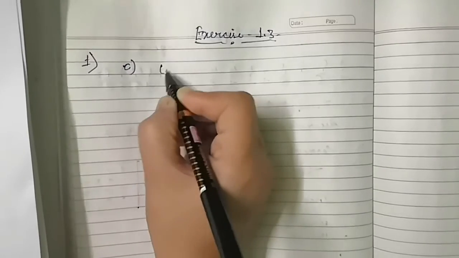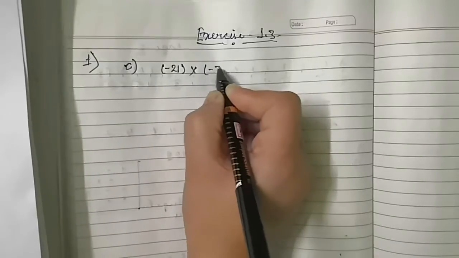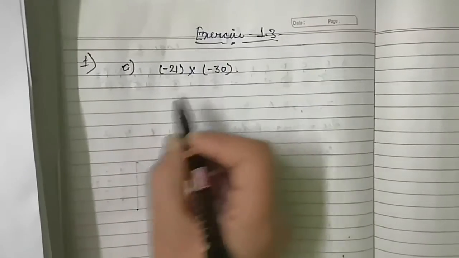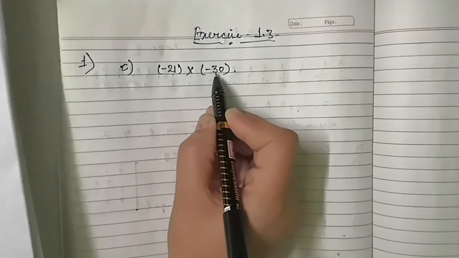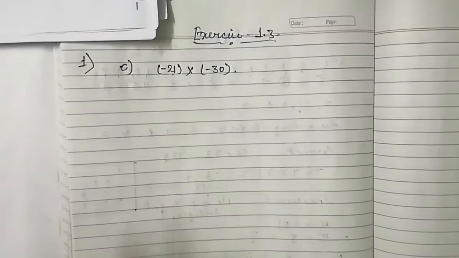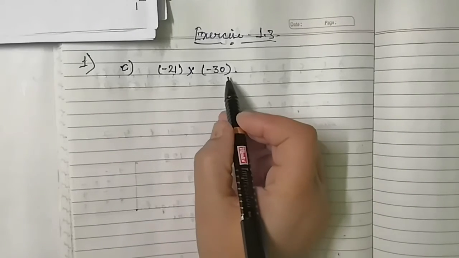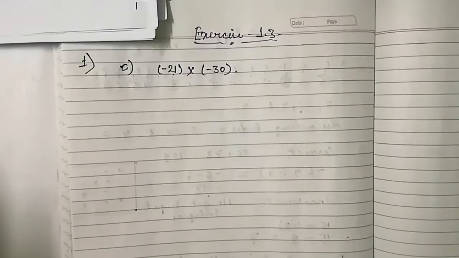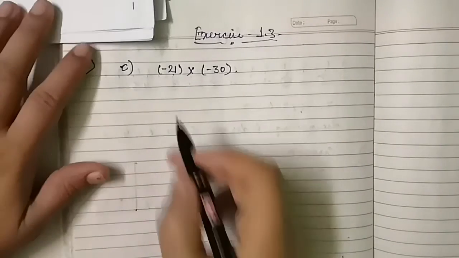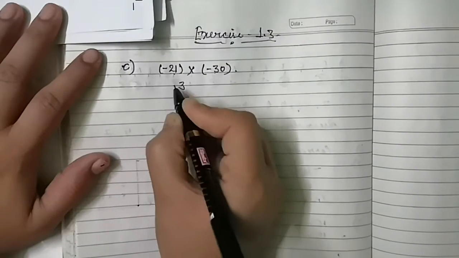C is given: minus 21 multiplied by minus 30. Okay, first of all we multiply 21 by 3. Students, if 30 or some 0s are given like this, then no need to multiply by 0. You can directly multiply by the digit first. 21 into 3: 3 1 ja 3 and 3 2 ja 6.